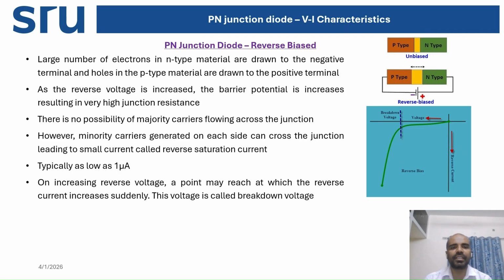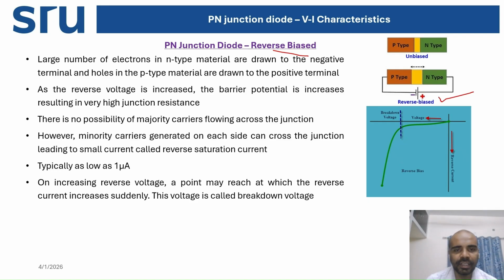So now we will discuss the IV characteristic of a PN junction diode in reverse bias, right? Reverse bias means the P side of a PN junction diode is connected to the negative terminal of a battery and the N side is connected to the positive pole of the battery.